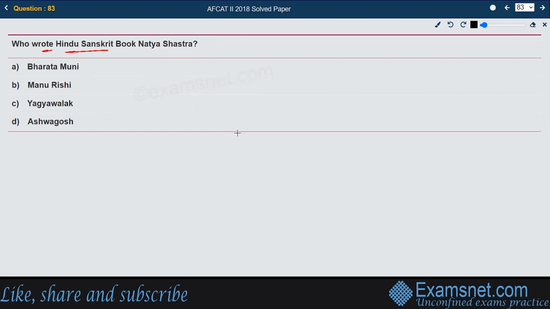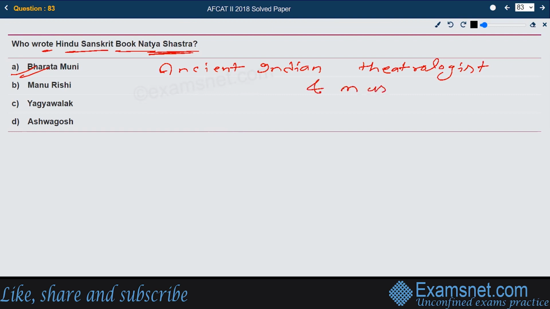Next, who wrote the Hindu Sanskrit book Natya Shastra, a very famous Sanskrit book related to dance? The right answer is Bharat Muni. He was an ancient Indian theatrologist, and also a musicologist.